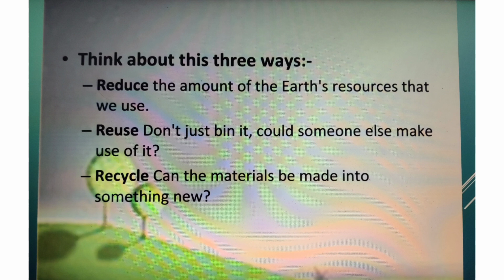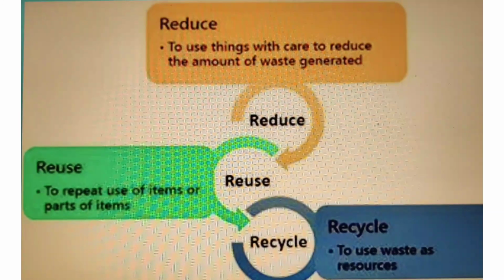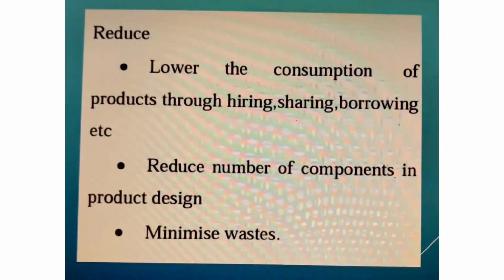So now we will see what are the methods to reduce the waste. In order to reduce the waste, we have to lower the consumption of the product by hiring, sharing, borrowing, and by using long life products.